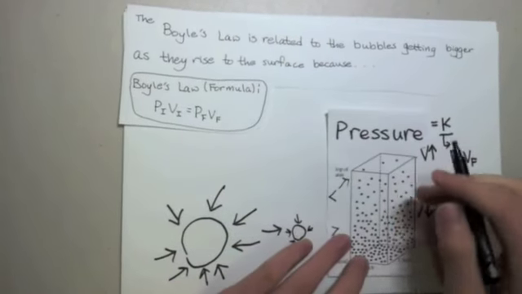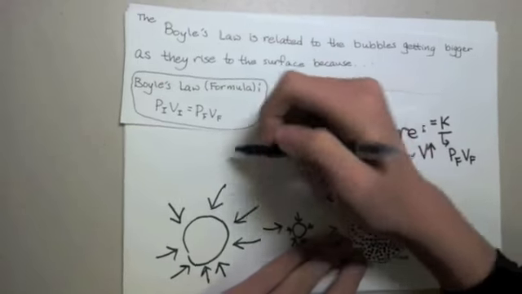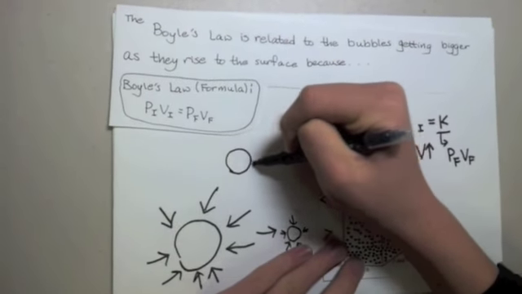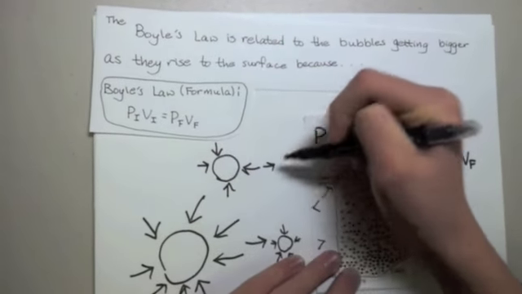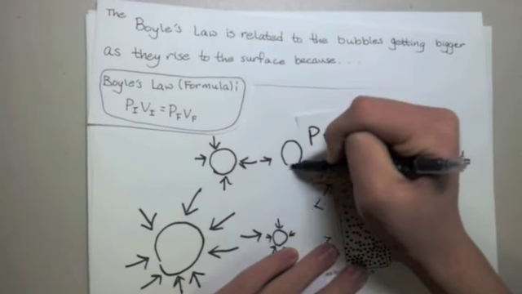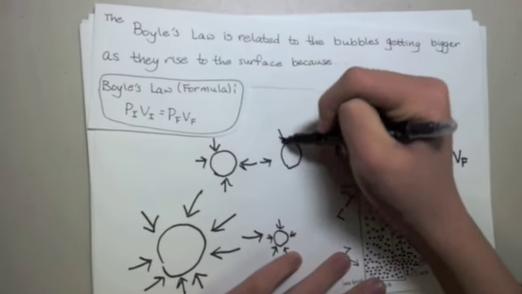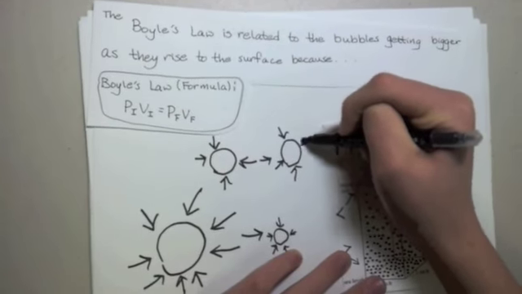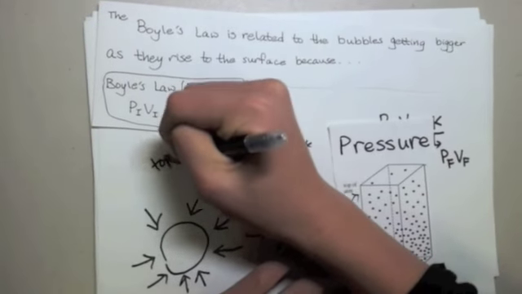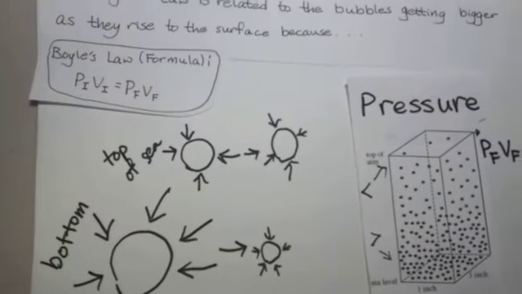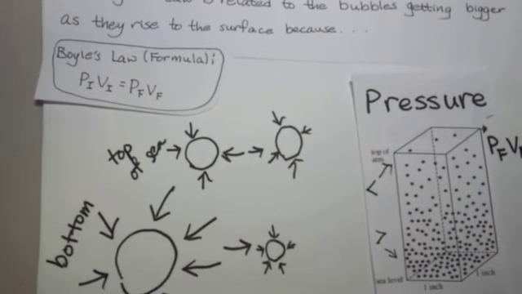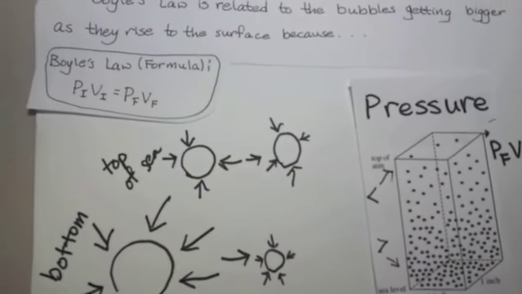Now on the surface of the sea, since there's less pressure, the volume won't shrink as much. And this is why bubbles get bigger as they rise to the surface.